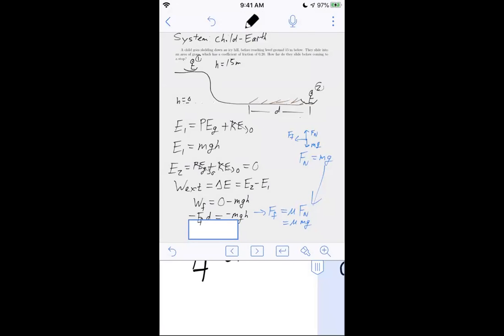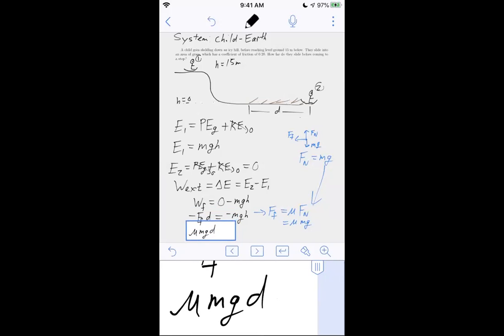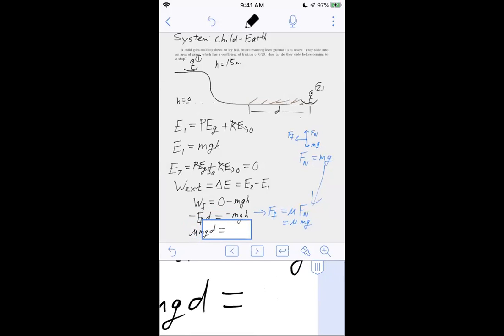So we have to bring that over here and say, okay, force of friction is equal to mu mg times displacement, and then we have the displacement there. So that's going to be the work done by friction, and that's equal to mgh.